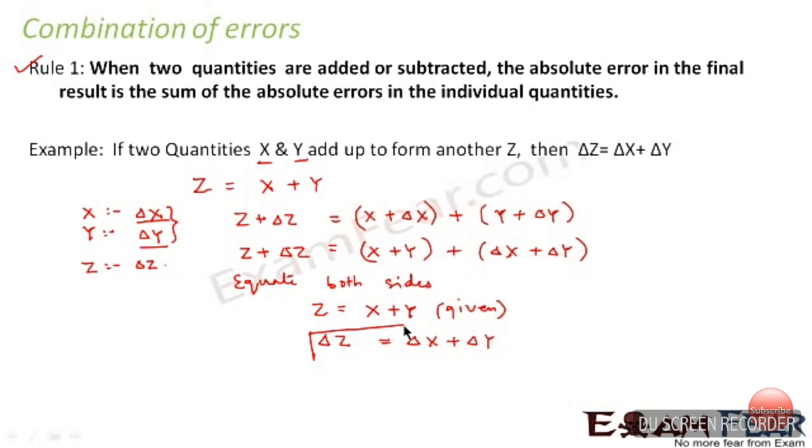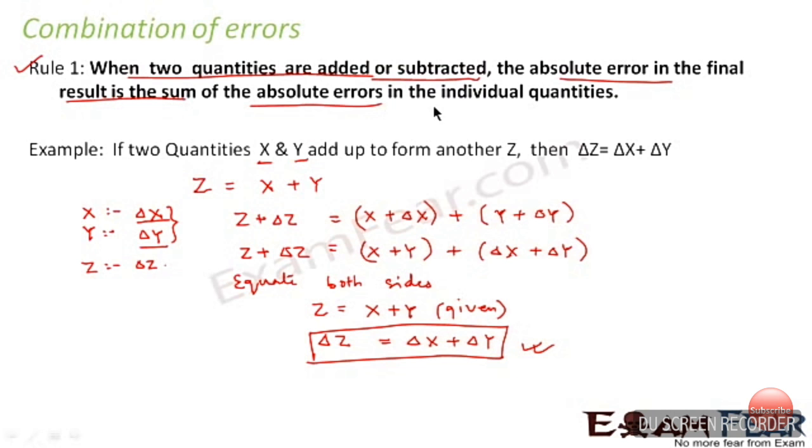That means when two quantities are added to give a third quantity, then the absolute errors in the two quantities also add up to give the absolute error in the third quantity. Correct? So, we proved that when two quantities are added or subtracted, the absolute error in the final result is the sum of the absolute errors in the individual quantities.